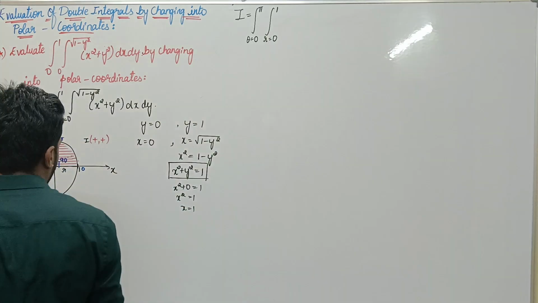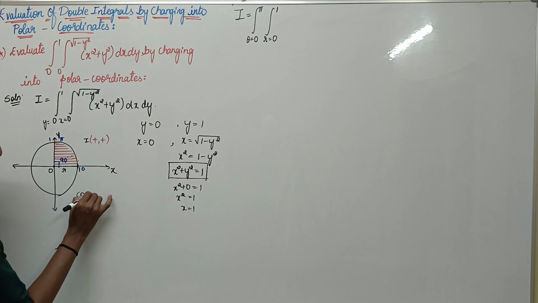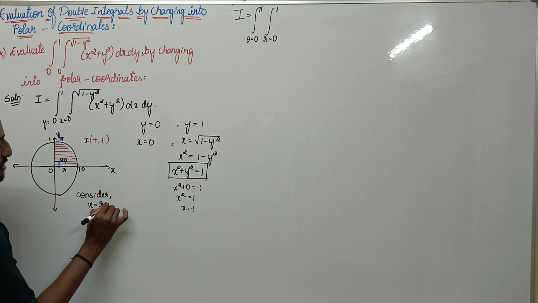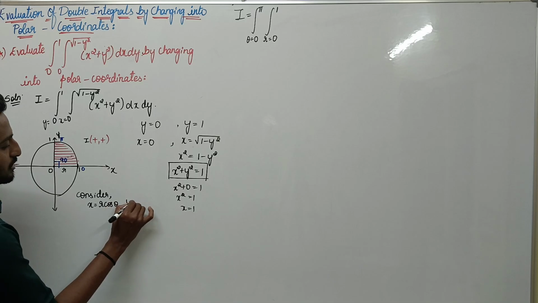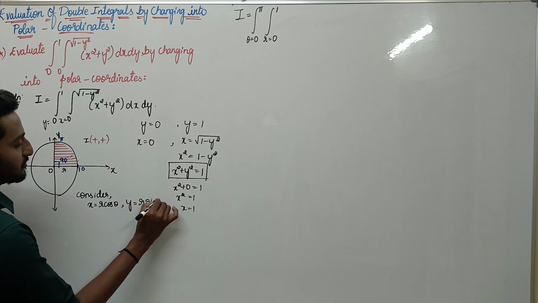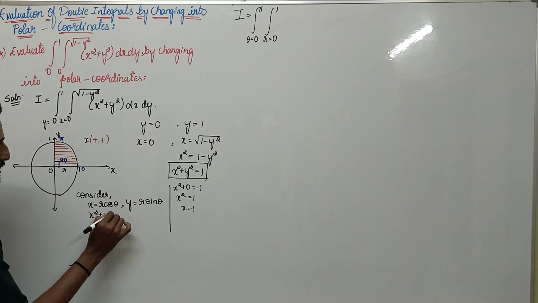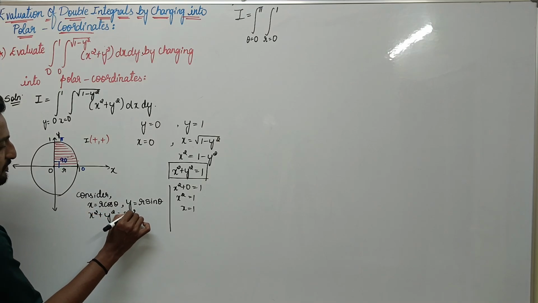How? We have the standard condition: consider x equal to r cos theta, y equal to r sin theta, and x square plus y square equal to r square.